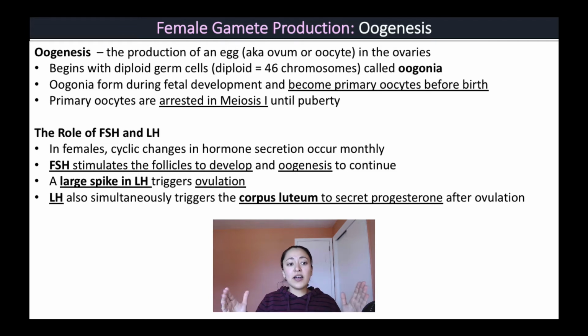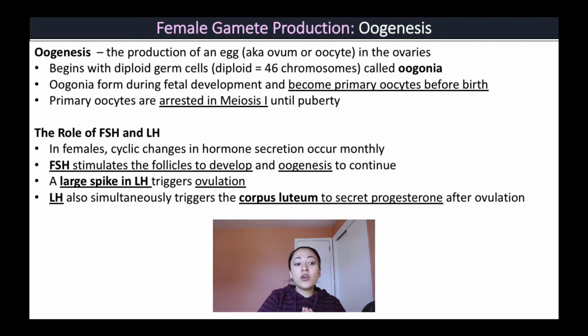During your monthly cycle, there will be a period halfway through the cycle, so on day 14, where there will be a large spike in the luteinizing hormone. And when this large spike happens, that triggers ovulation, or the release of the oocyte from the ovaries into the uterus.